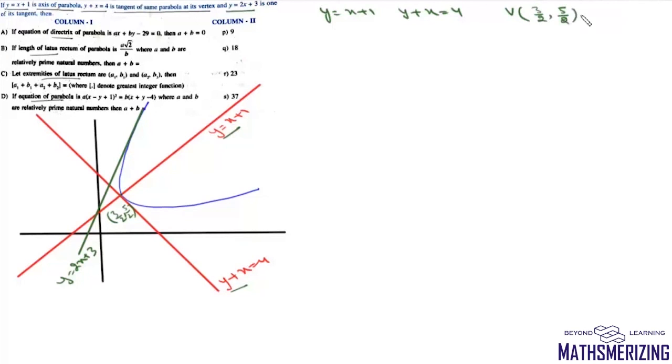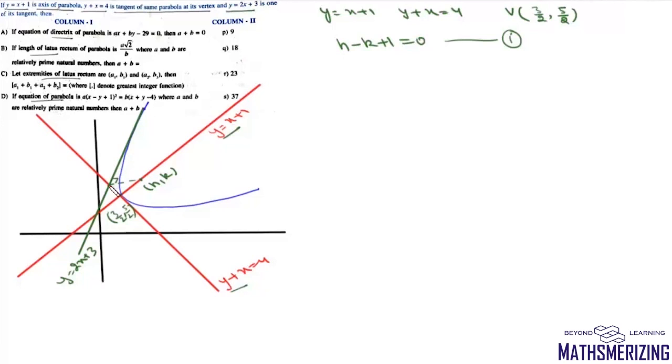Next we'll find the focus of this parabola. Suppose the focus is (h, k). This focus lies on the axis, so we can write h minus k plus 1 equals 0. That's my equation number 1. We also know that the foot of the perpendicular from the focus to any tangent will lie on the tangent at the vertex.